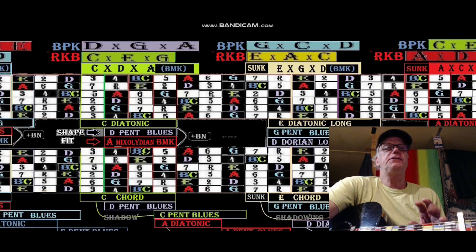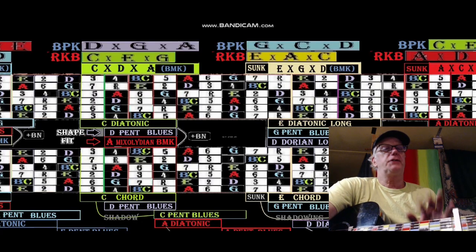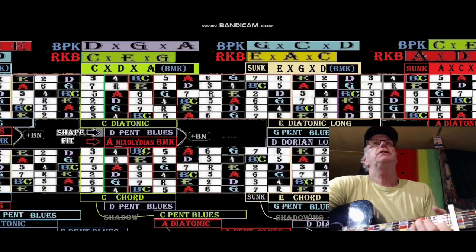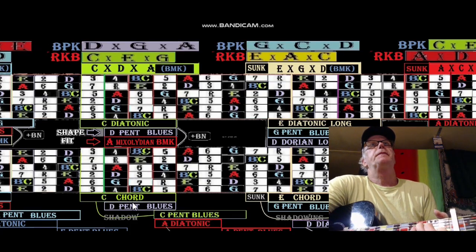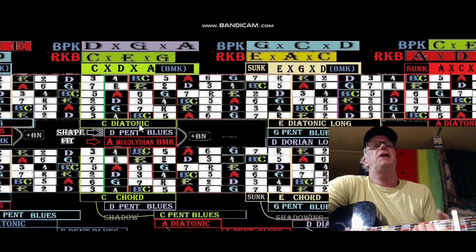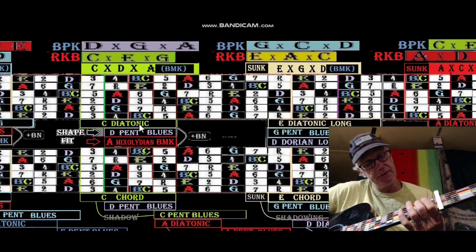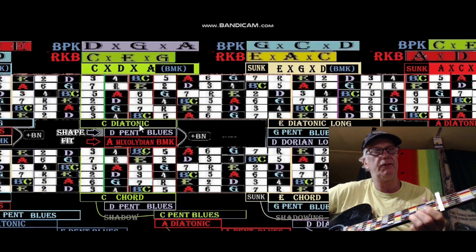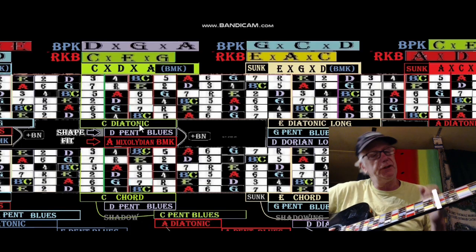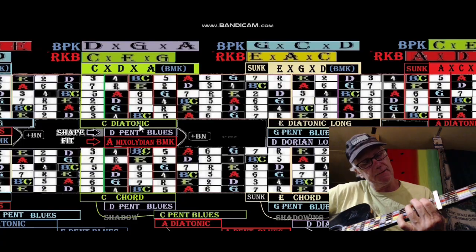The way to make this easier is not to go right into the pentatonic, but I'm going to do a C chord here. C diatonic, same thing. C diatonic, 3, 4, 5, 6, 7, root 2, 3, 4, 5, 6, 7, root 2, 3, 4, 5. Okay, it's a double Phrygian scale.